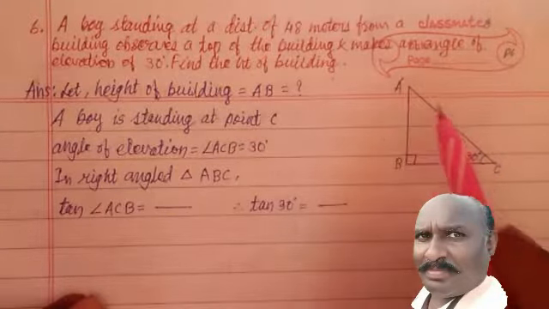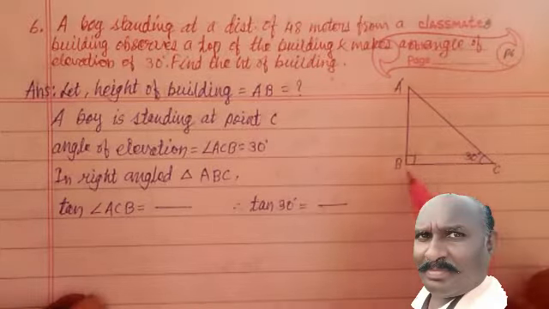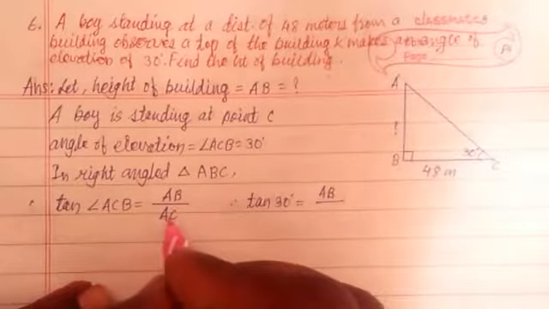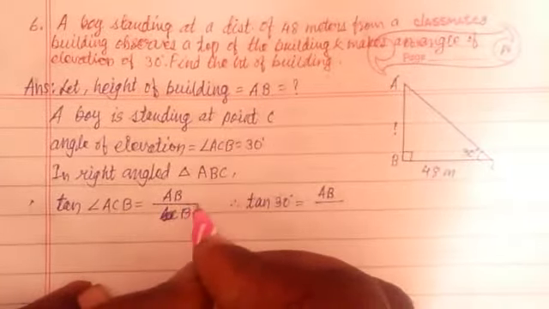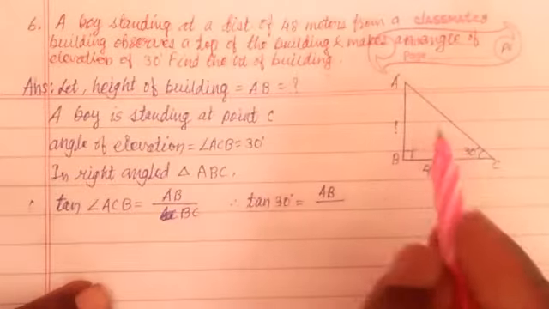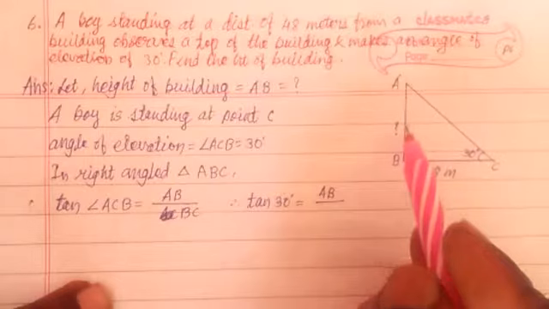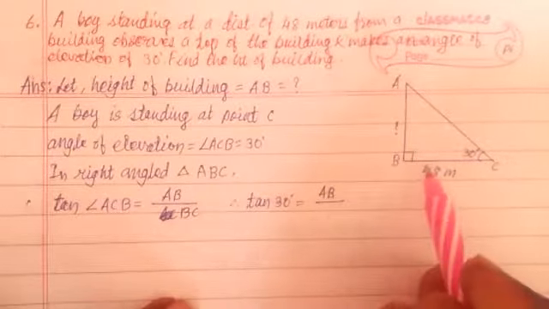Now in this right angle triangle ABC, tan ACB means tan 30 degrees is equal to opposite side AB, which is not given, upon BC.